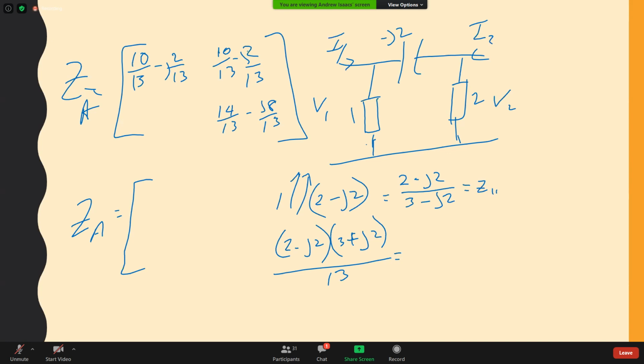So if we do this, we'd have 6 plus 4, and this would be J4, and then minus J6. Agree? Over 13. So this would give me 10 minus J2 over 13. All right? Yes, sir. So we can agree that these two are the same. Yes, sir. So that one seems fine.